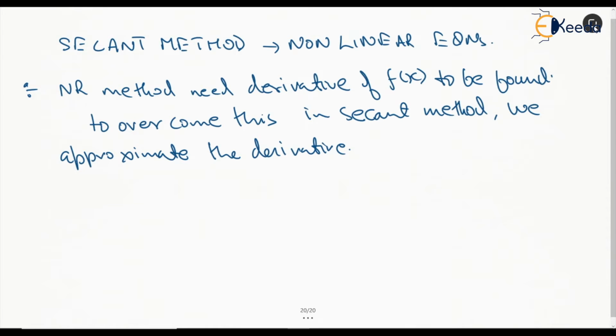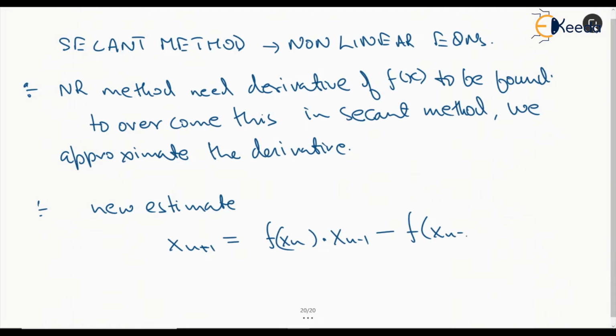And in this sense, the new estimate xn plus 1 is given as f of xn into xn minus 1 minus f of xn minus 1 into xn divided by f of xn minus f of xn minus 1.